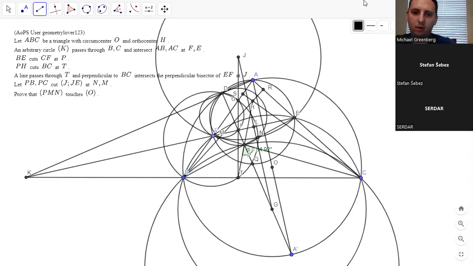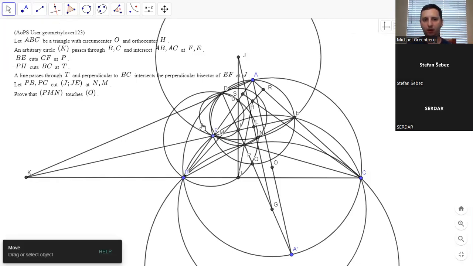Because this is this angle. Yeah, most likely. So basically, if we can show that M lies on this circle, then we would have solved the problem.